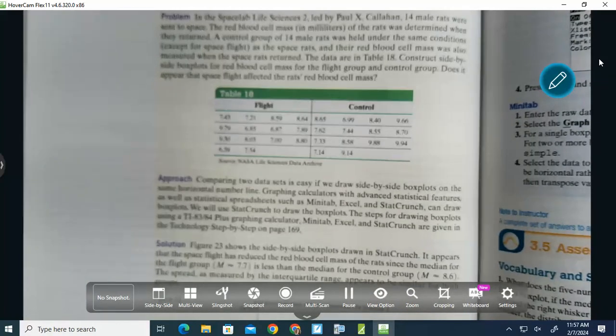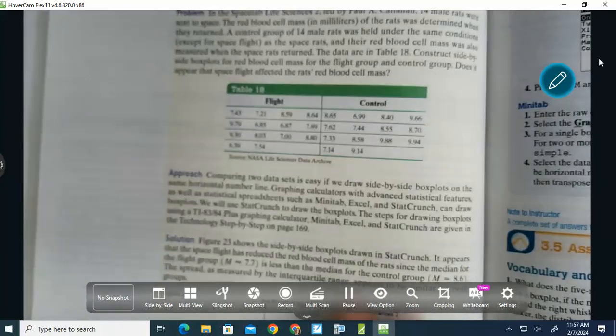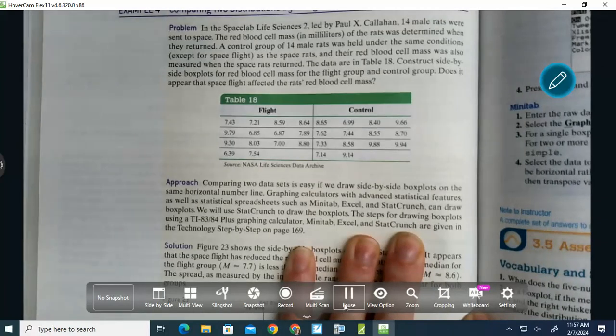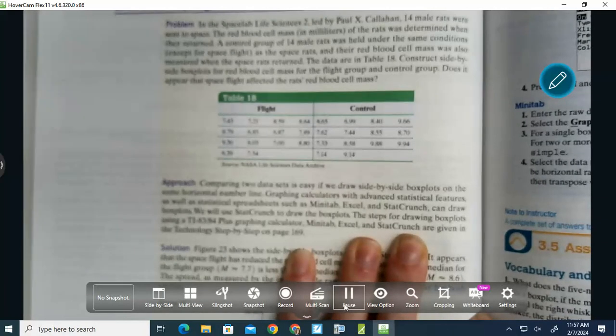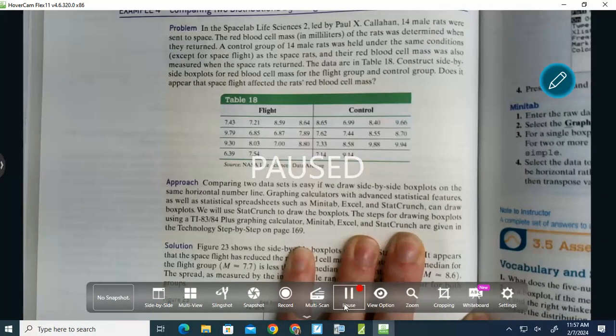So this example is talking about rats that were sent to space. They wanted to see, somewhat blurry, but they were measuring the red blood cell mass of the rats when they returned from space. The control group did not go to space, but the flight group did.